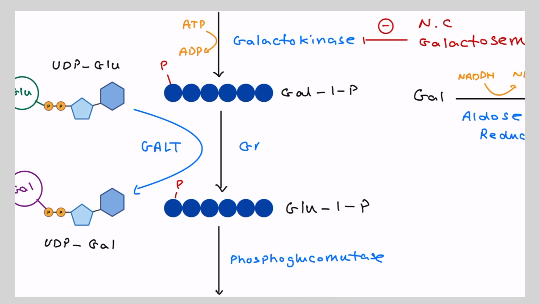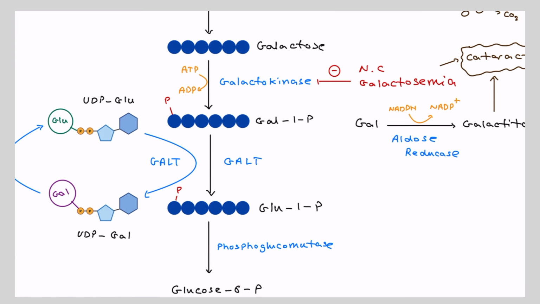So this is our GALT, and the deficiency of this enzyme is going to end up giving you classical galactosemia. And this condition is going to be very severe.